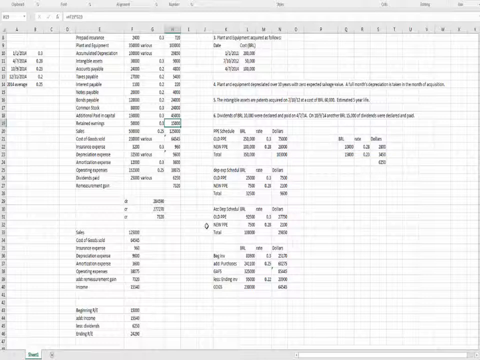Under translation, the gain or loss is treated as other comprehensive income, and instead of being buried in retained earnings, is carried forward as accumulated other comprehensive income. So in both cases, that amount goes to equity in a sense, and it's going to get carried forward to the next year. It's just a question of, is it carried forward as part of the dollar value retained earnings, or is it carried forward as part of the dollar value accumulated other comprehensive income? Okay, so that's that.